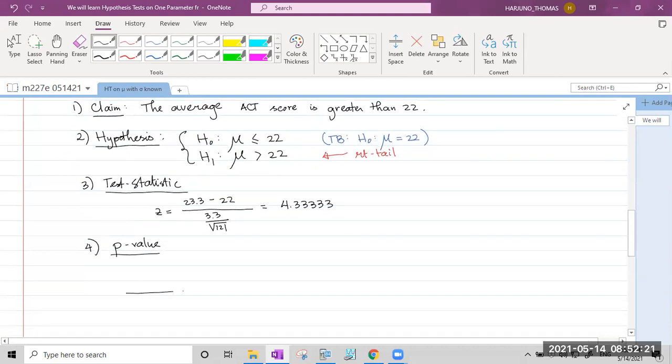You draw the standard normal distribution, and put your test statistic. That's a right tail test, which means you need to find the area to the right of that test statistic. Okay, that is the p-value.